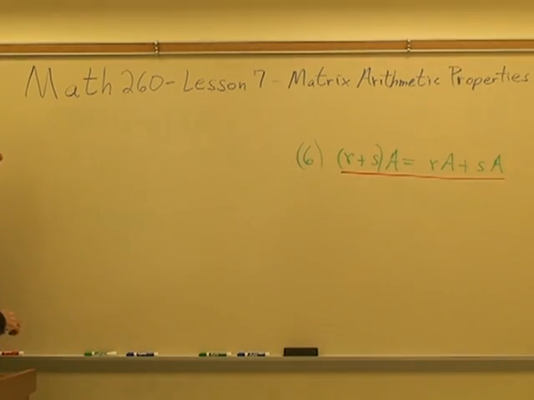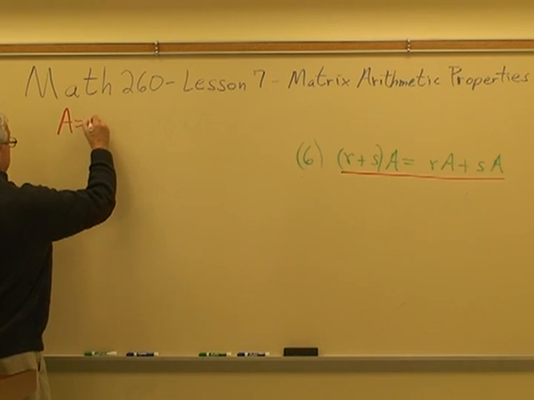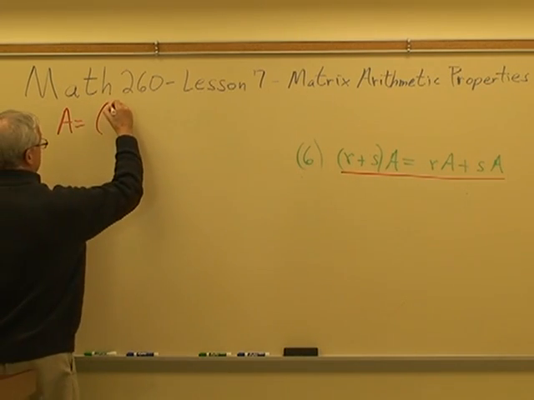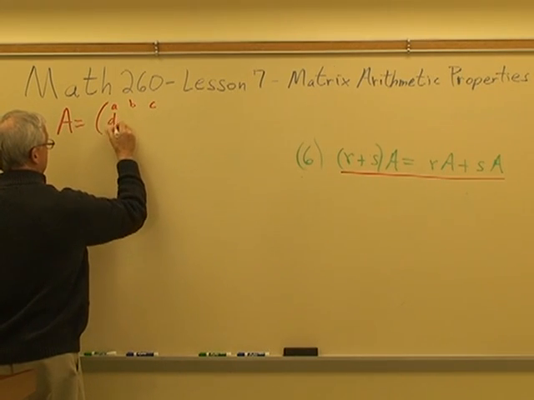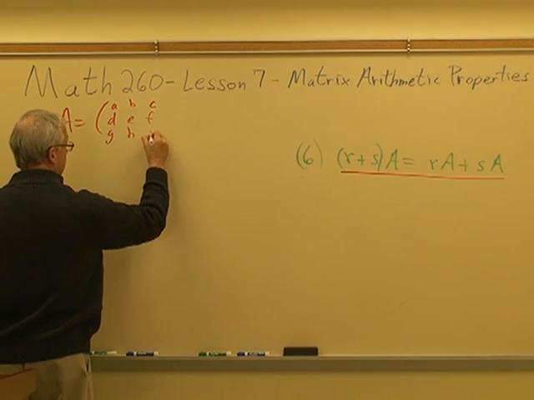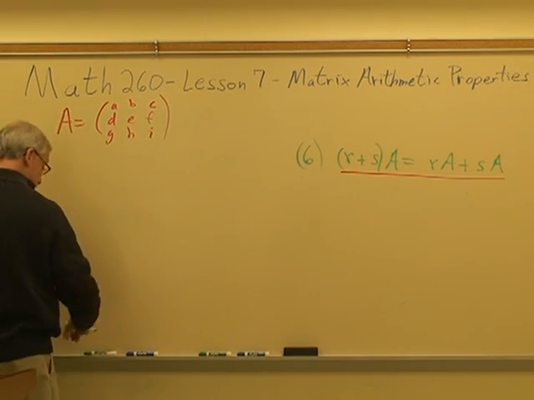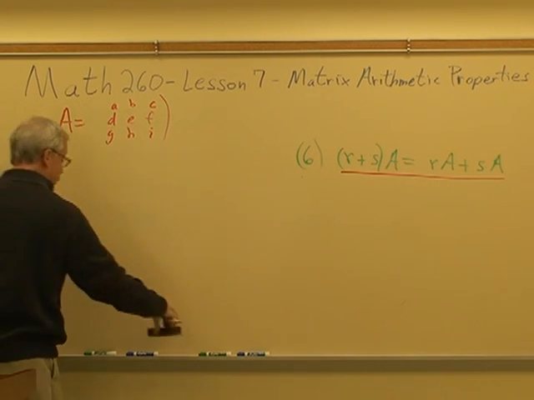So let's assume our matrix A is 3 by 3. We'll make it a little more interesting this time, with elements A, B, C, D, E, F, and G, H, I. Here's my generic or general 3 by 3 matrix.